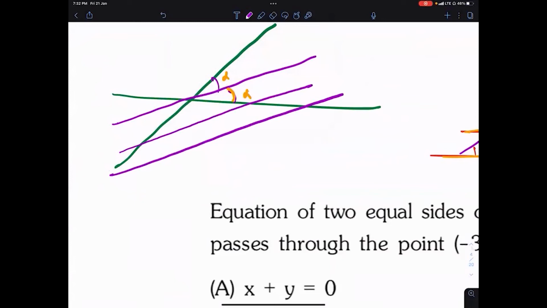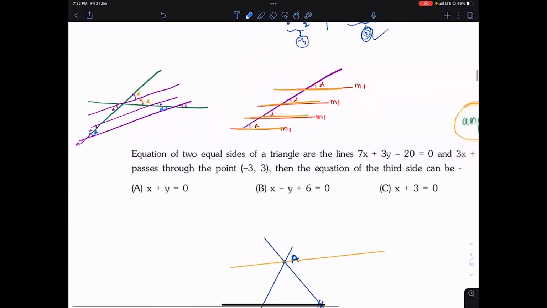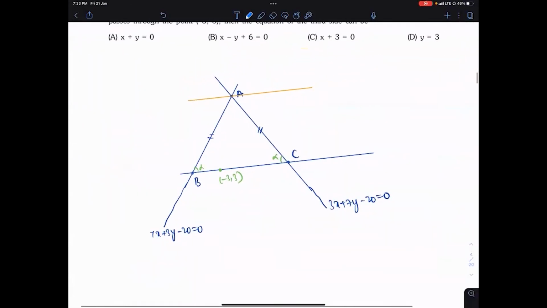Still this must be alpha, this must be alpha, here also alpha, like that. If outside I have written, inside this will be alpha, this will be alpha. Okay, fine. Coming back to the question.